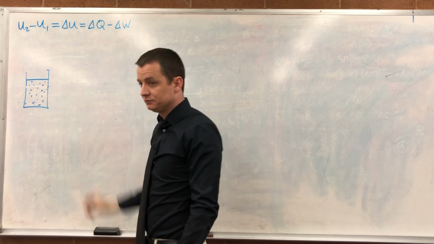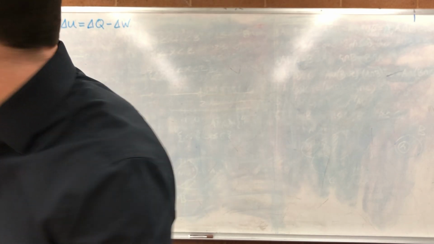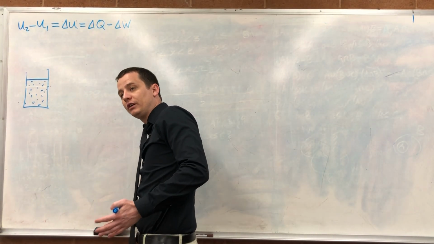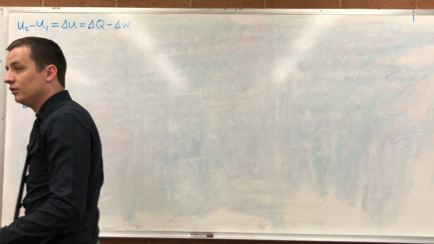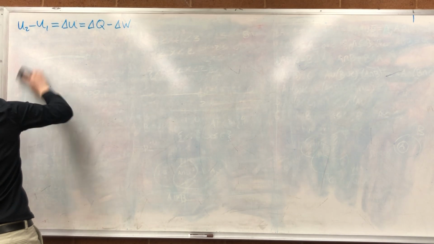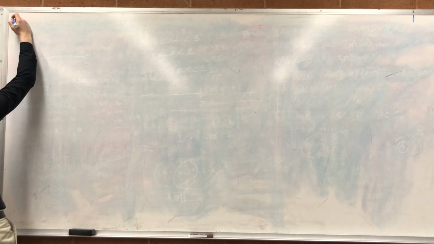Makes pretty good sense? Okay, so in a nutshell, what this chapter is all about is this equation, conservation of energy, and just applications of it, and how we can use that. So I guess we can leave that up there, we'll be referencing it a lot.